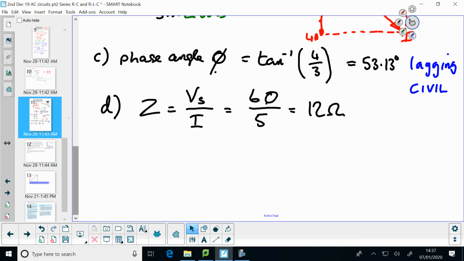And the angle will be the same as that angle. It's not asked for. Okay. All happy with that? Good.